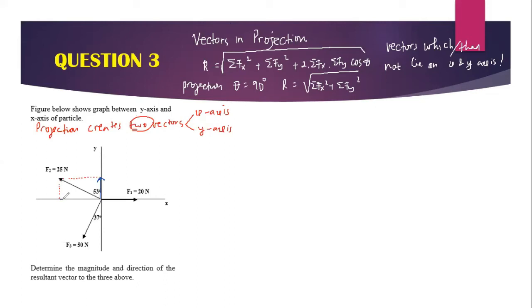We name this one F2Y and this one F2X. Okay, and one more again, one more for F3. The projection creates two vectors.